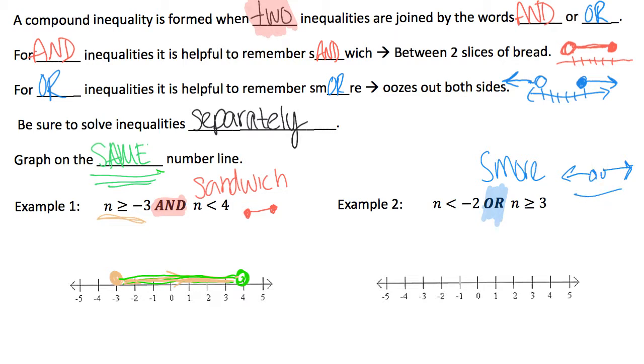Looking at this first one, we're going to graph an open circle at -2, and it's going to the left. Looking at the second one, we're going to do a closed circle at 3, and it's going to the right. So they ooze away from each other. It's either this way or this way. The sandwich one can be this way and this way, so it's in between somewhere.